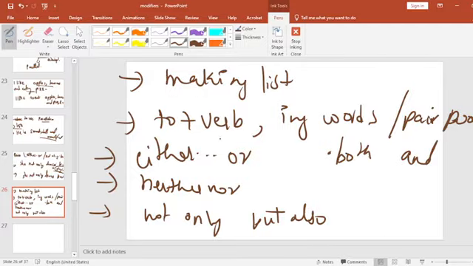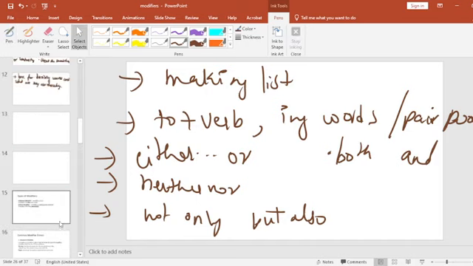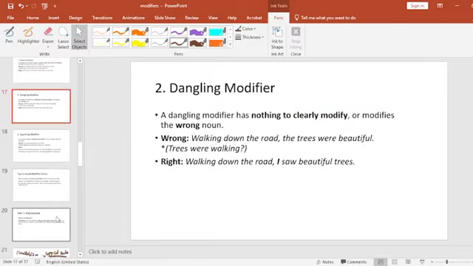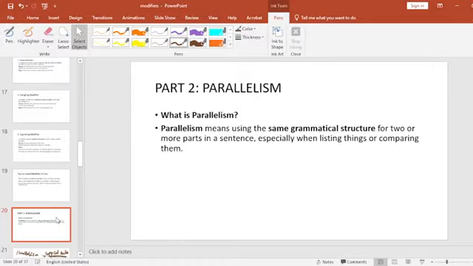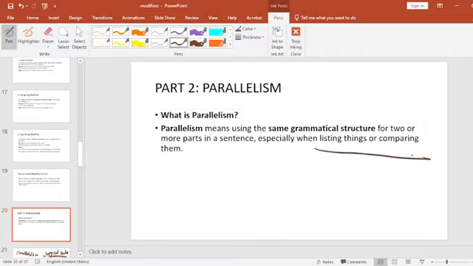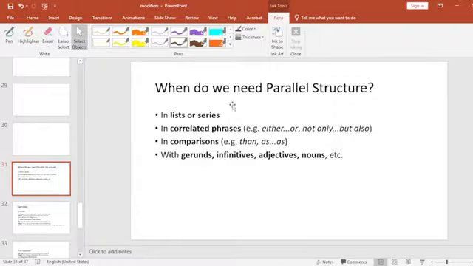So let's revise the entire topic once. Parallelism means using the same grammatical structure for two or more parts in the sentence, especially when listing things or comparing them. So when do we need parallel structure?